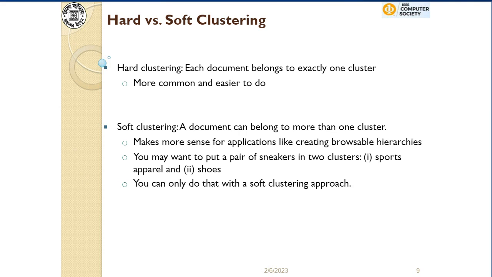So they belong to both clusters. But if you go for hard clustering, this concept is not possible. You put the sneakers in either sports apparel or shoes. If you put them in sports apparel, obviously they are not going to belong to shoes at all. You cannot treat the sneakers as shoes.